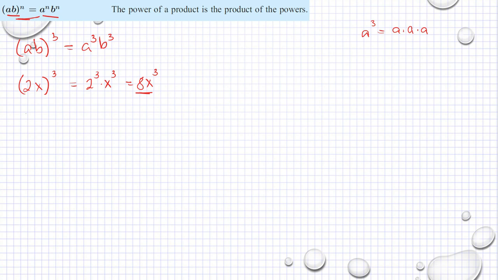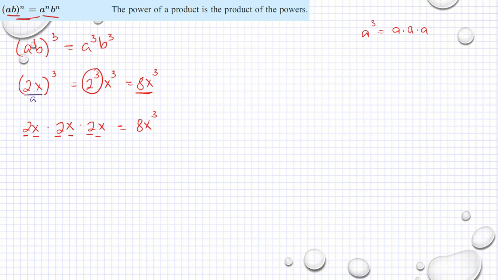So if we say that this one is your a, then we have 2x multiplied by 2x multiplied by 2x. And then we have 2 times 2 times 2, that is 8, or 2 raised to 3, as you can see there. And then we have x times x times x, that is x raised to 3.